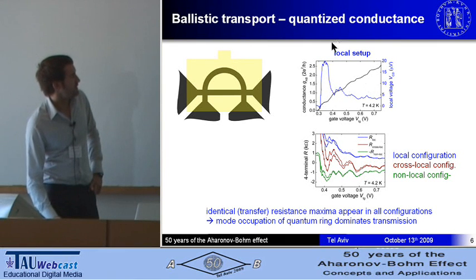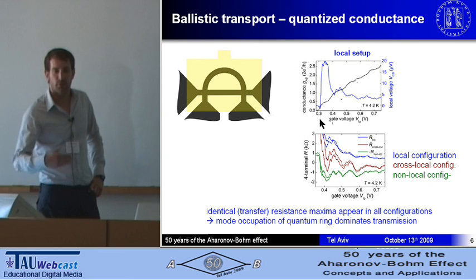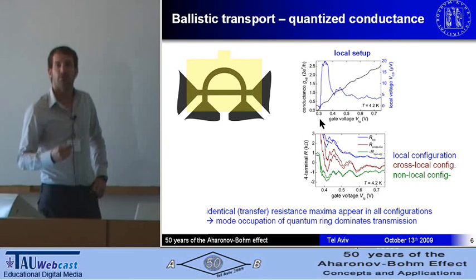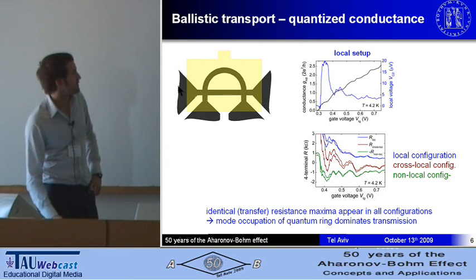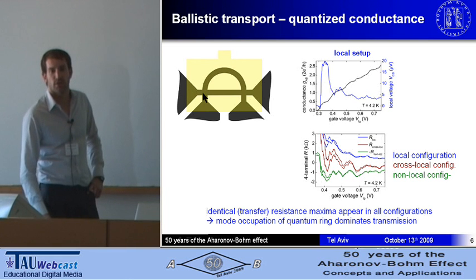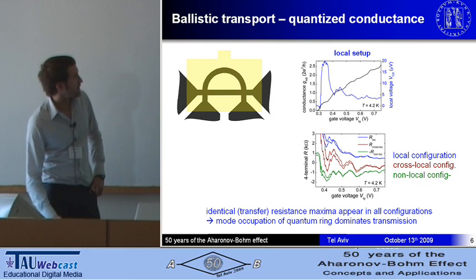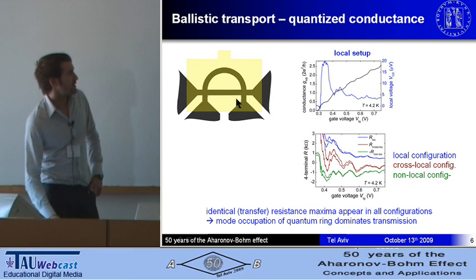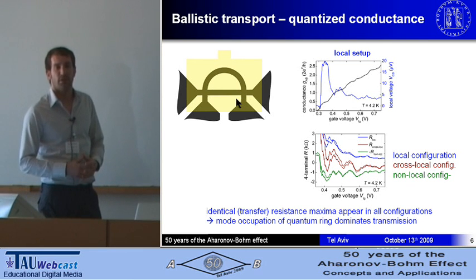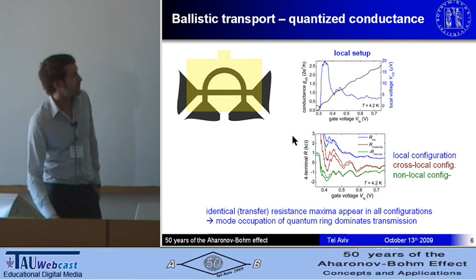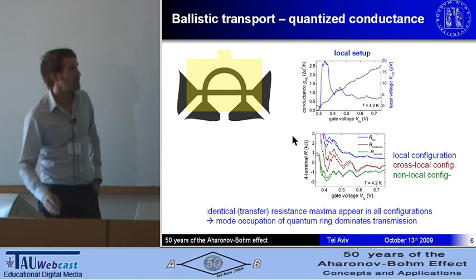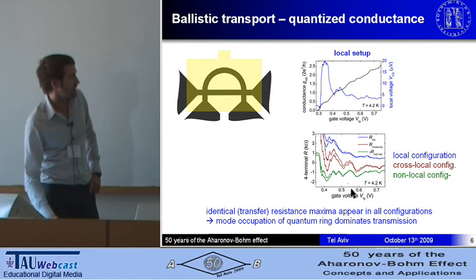We do find these quantization effects in the black curve, and we relate this to the population of subbands, or you could say to the resistance mismatch of the two-dimensional and the one-dimensional electron systems. What we are interested in, however, is actually the inner part of the ring, that is the one-dimensional system of the ring itself. So this is why we also recorded the four-terminal voltages, or you could say the four-terminal resistances, the transfer resistances, as a function of the gate voltage.